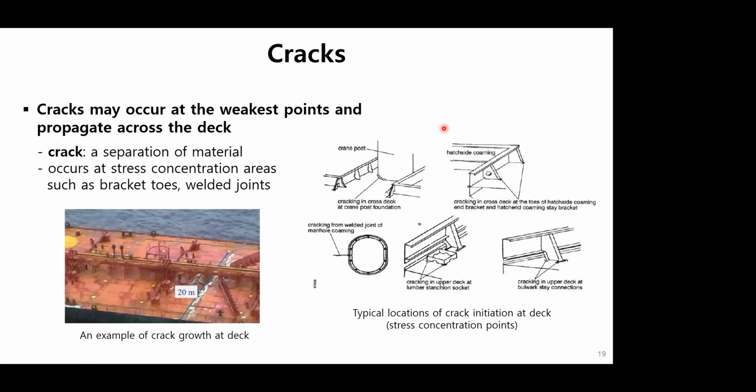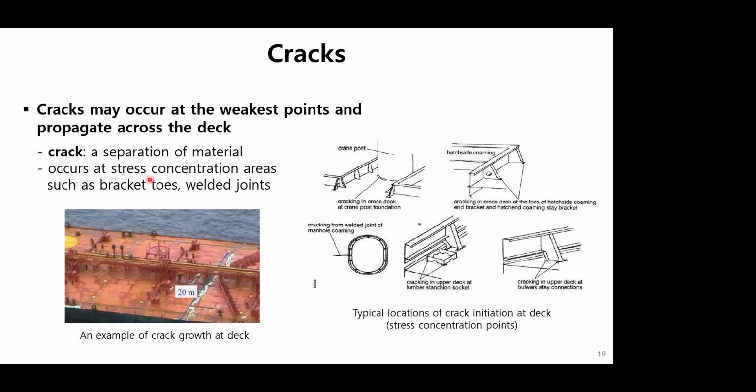In these structures, the most common structural failure is cracks. Cracks may be defined as a very narrow gap between two things. In this case, a separation of material in steel plate or beams, frequently at welded joints.